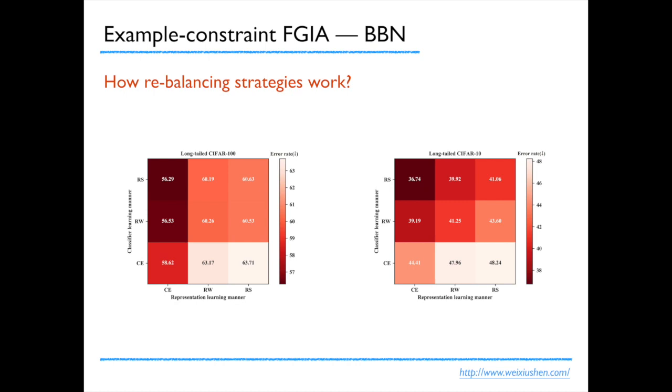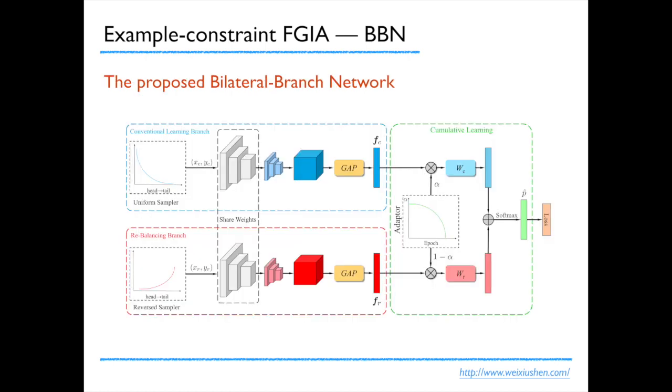However, at the same time, we also find that they unexpectedly damage the representative ability of the learned deep features to some extent. Therefore, we propose a unified bi-branch network. The first branch is focused on conventional learning.